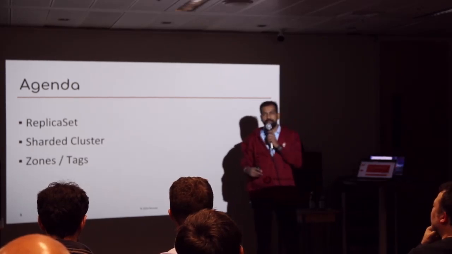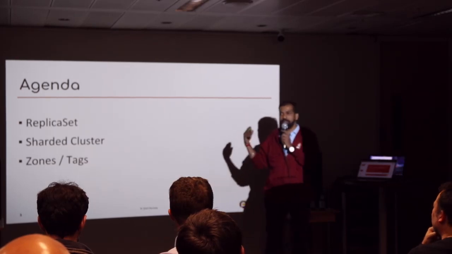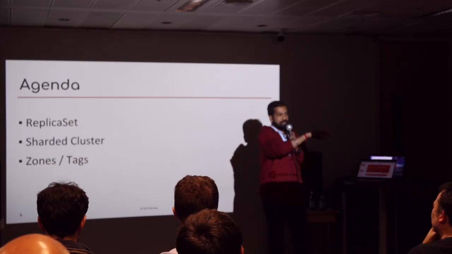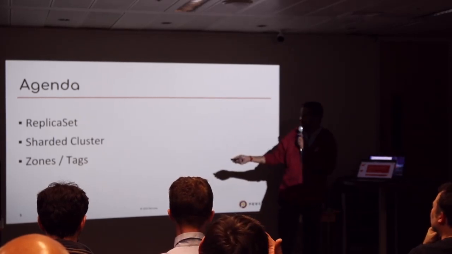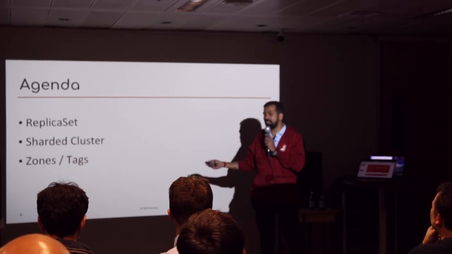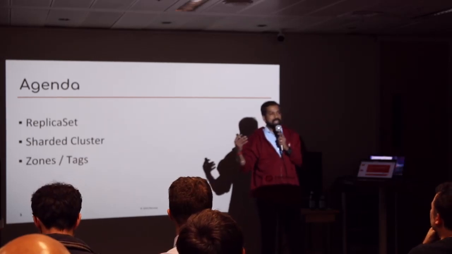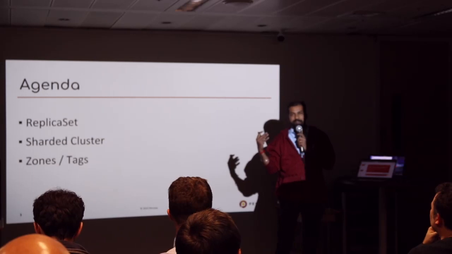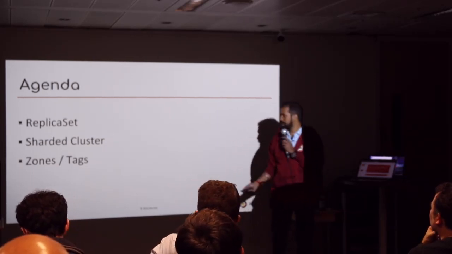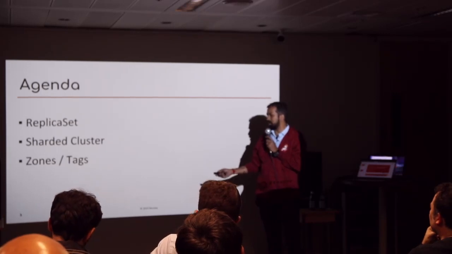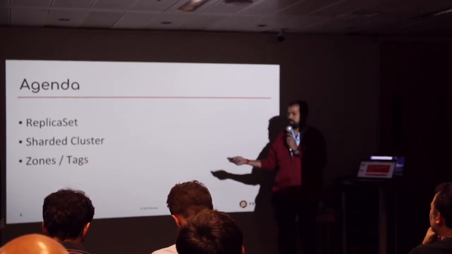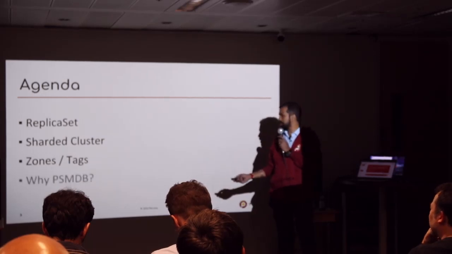If you want your customers to read faster from the US data center, you can use these zones. By using these zone tags, you can make your data easily available to your customers, so your application will be faster. Tags are something I will explain in the later slides.